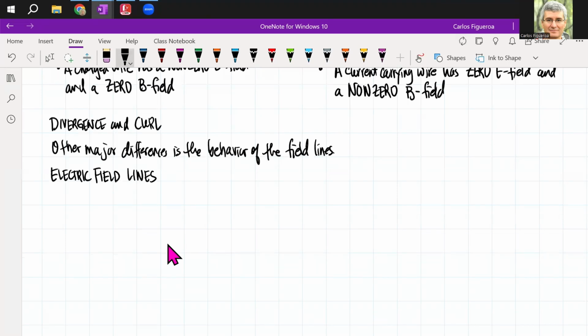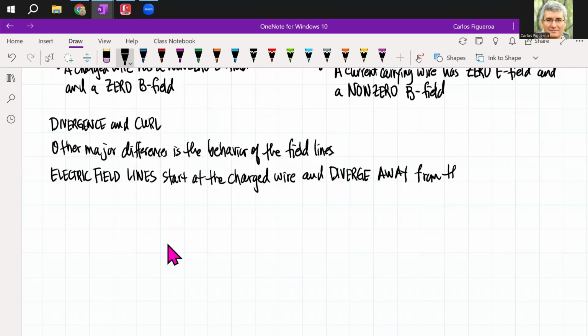Electric field lines start at the charge, the charged wire, and diverge away from the line charge.